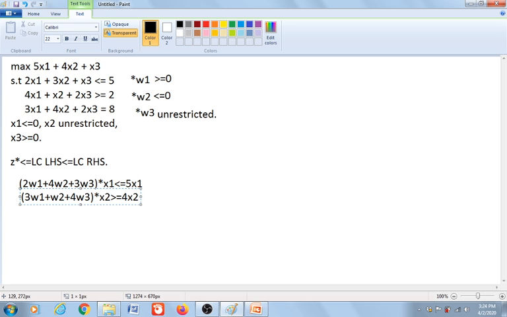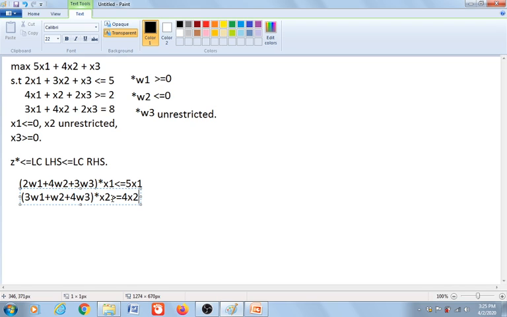But remember, what is the sign of x2 in our original problem? x2 is unrestricted. So x2 can be a positive number, x2 can be 0, x2 can be a negative number. So when you make it bigger than or equal to, when x2 is a negative number, the sign will change. When x2 is a positive number, it stays like this.